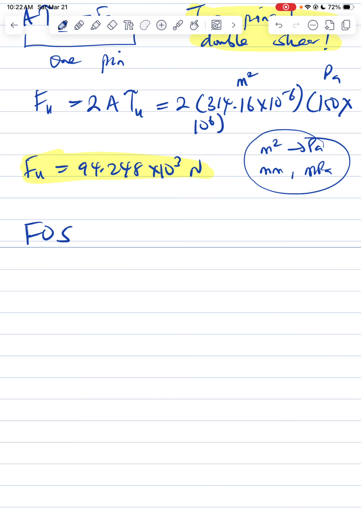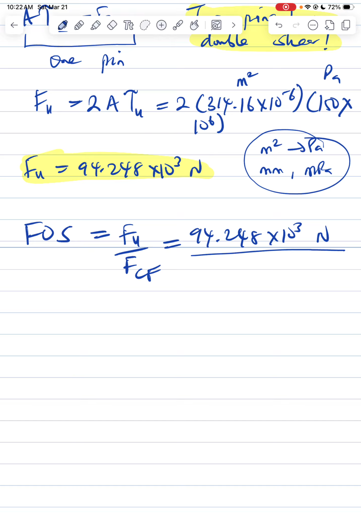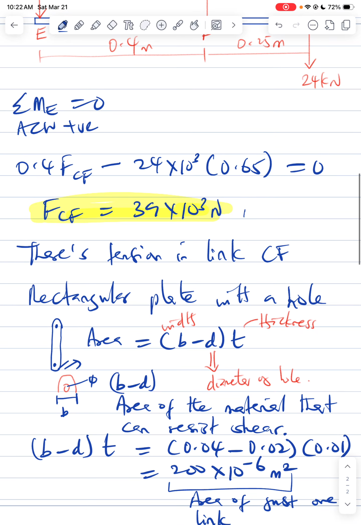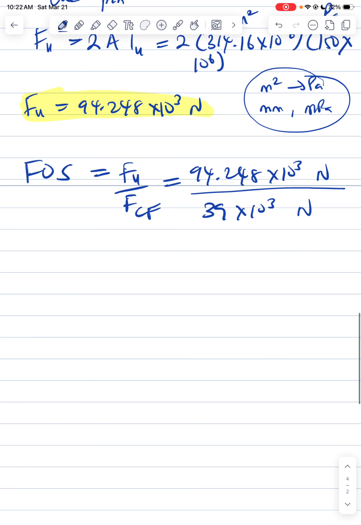The factor of safety is equal to FU over FCF, which is 94.248 times 10 raised to the power 3 Newton over the force due to CF, 39 times 10 raised to the power 3 Newton. I have to confirm that to make sure it's right. Yes, that's right. Of course, it's non-dimensional, the units cancel out, giving 2.4.